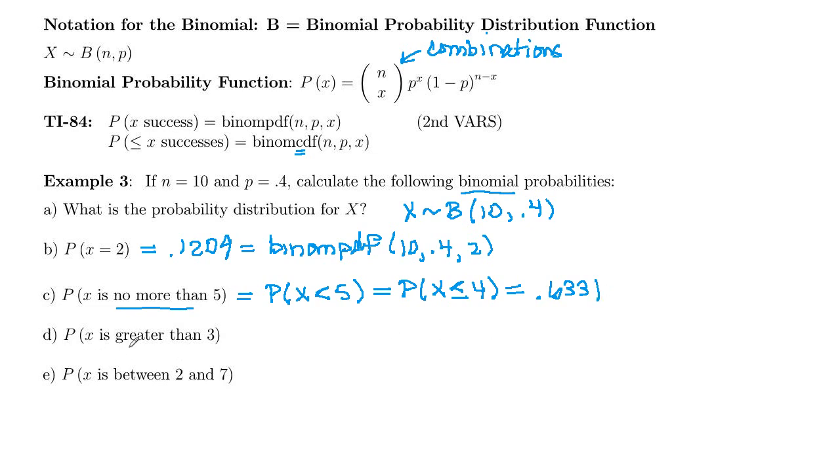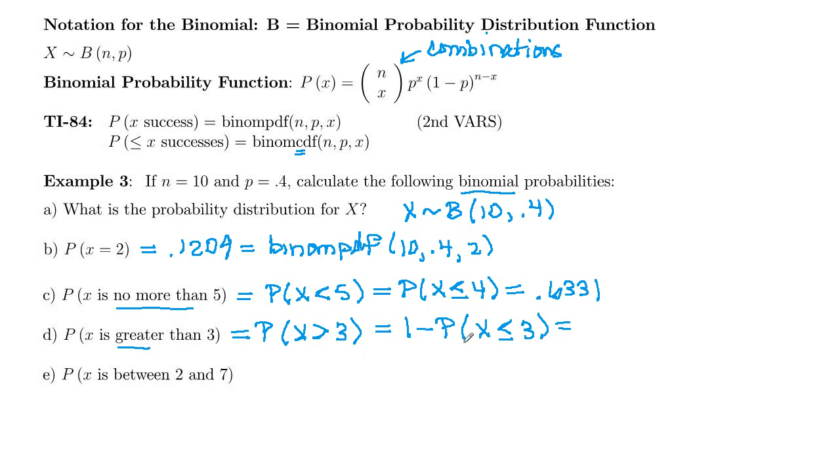How about what's the probability that x is greater than 3? In symbols, the probability x is greater than 3. We don't know how to do greater than probabilities on the calculator. We have to write this in terms of a less than or equal. We can use the complement probability, 1 minus the complement. If you're not strictly greater than 3, the opposite of greater than is less than or equal, so x is less than or equal to 3.